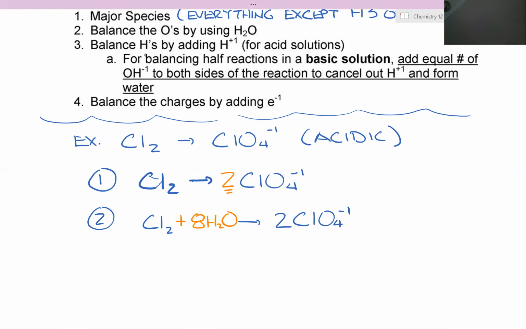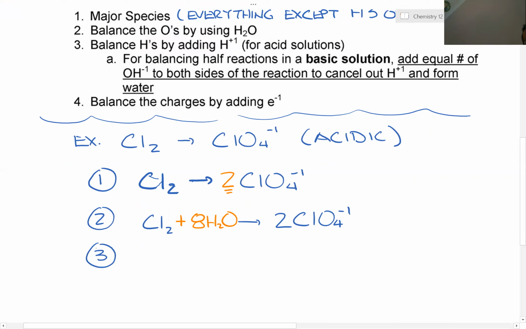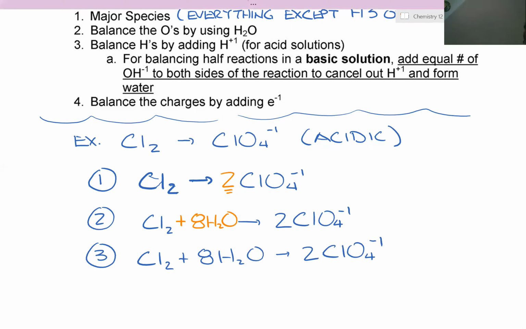Now what we do next in step number 3 is we balance out the hydrogens. So we have Cl2 plus 8 H2O gives you 2 ClO4 minus 1s. And now we add 16 H pluses on the right-hand side.